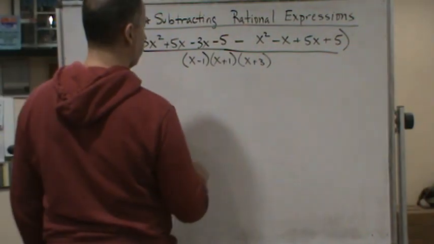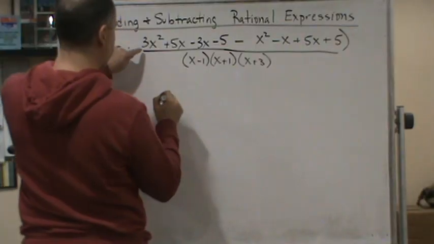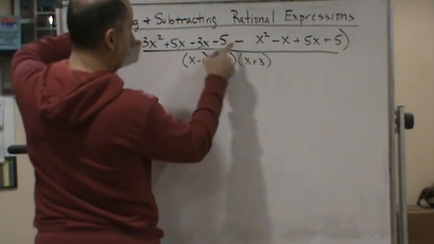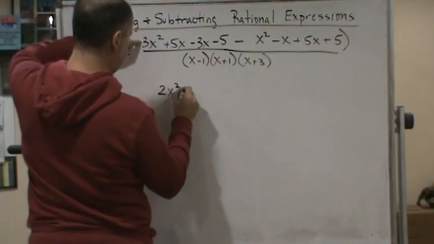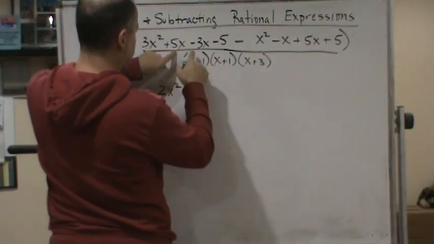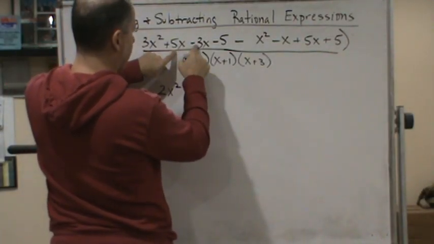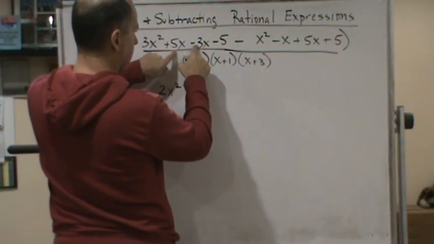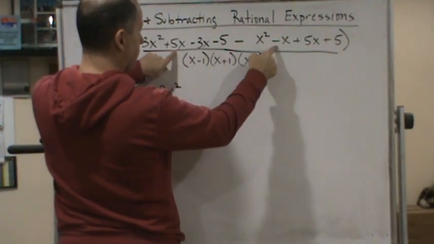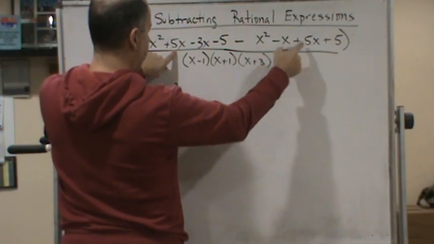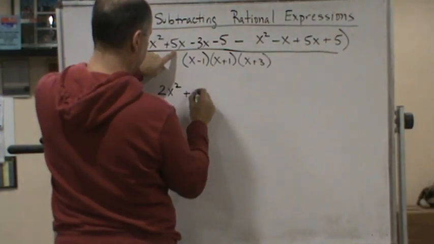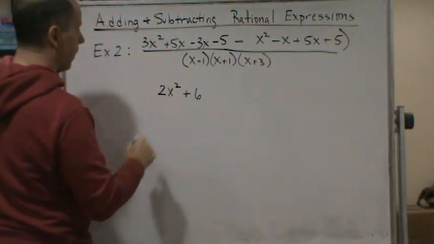And so now what I'm going to do is I'm going to combine like terms. So I've got 3x squared minus x squared. So that's going to give me 2x squared. I got 5x minus 3x, which is 2x, minus another x, which is x, plus 5x, which gives me 6x, right? So I can do it this way too.